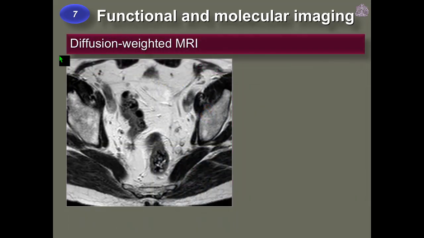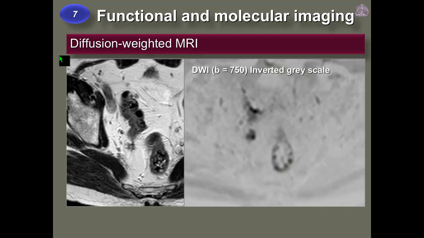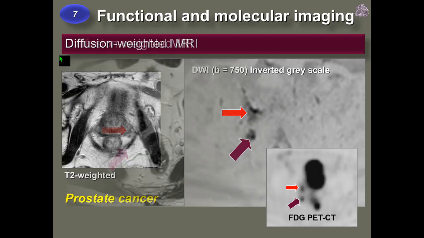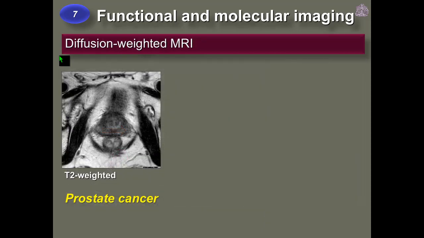Now, diffusion-weighted imaging is a topic that is very close to my heart, and we use it quite a lot in our clinic. Just by way of example here, we can see the area of recurrence adjacent to the anastomosis site in the pelvis, that is corroborated with the PET CT scan. So you're looking at areal impeded diffusion.